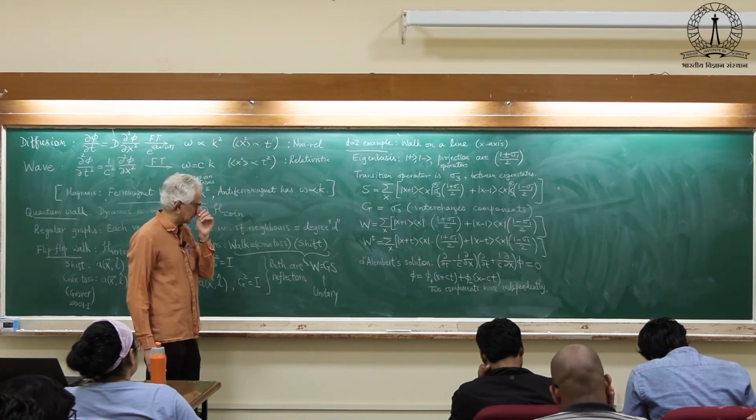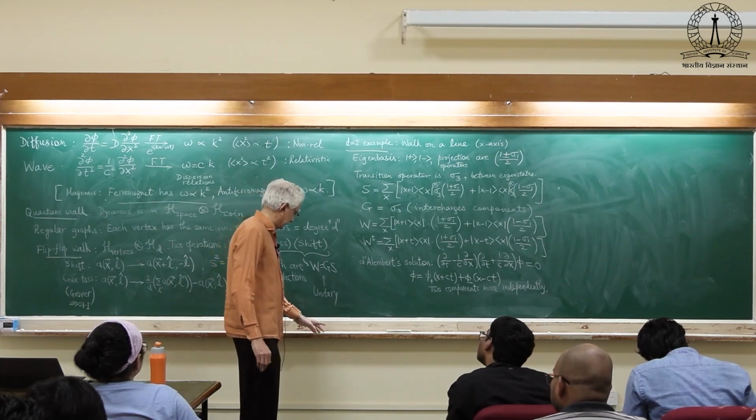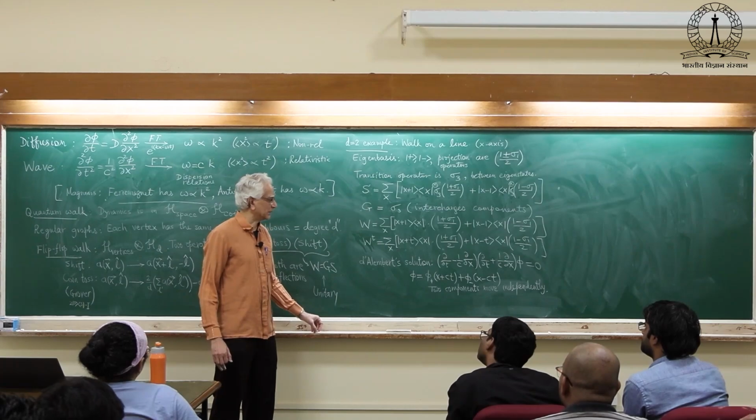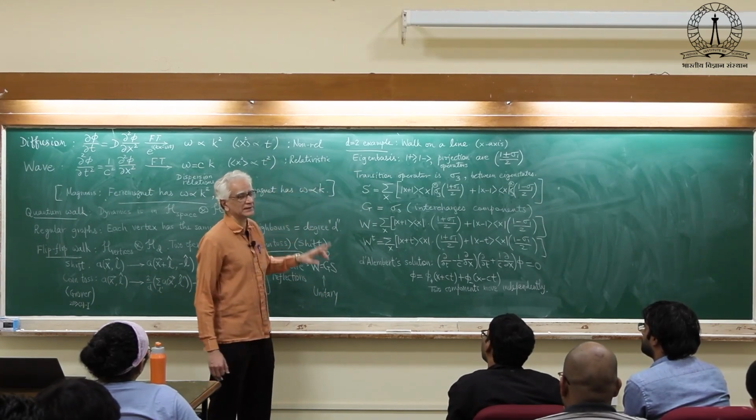And if anybody has done enough solid state physics, they will know a little bit that graphene's peculiarity arises from a dispersion relation which is relativistic.